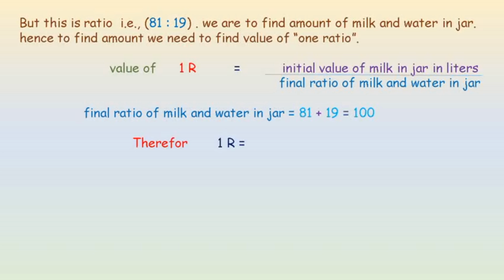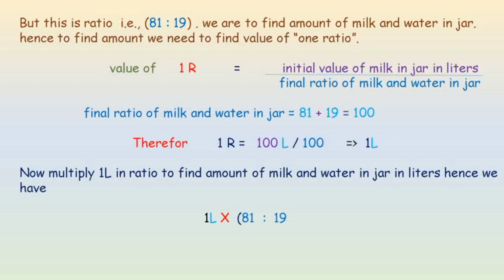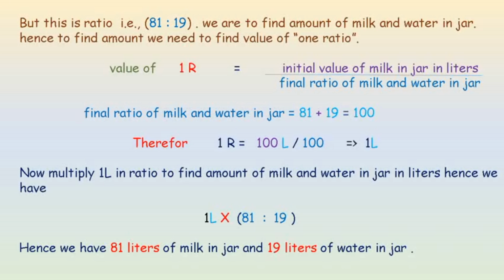Therefore 1 ratio is equal to 100 L upon 100, which is 1 L. Now multiply 1 L in a ratio to find amount of milk and water in jar in liters. Hence we have 1 L multiplied by 81 ratio 19. Hence we have 81 liters of milk in jar and 19 liters of water in jar.